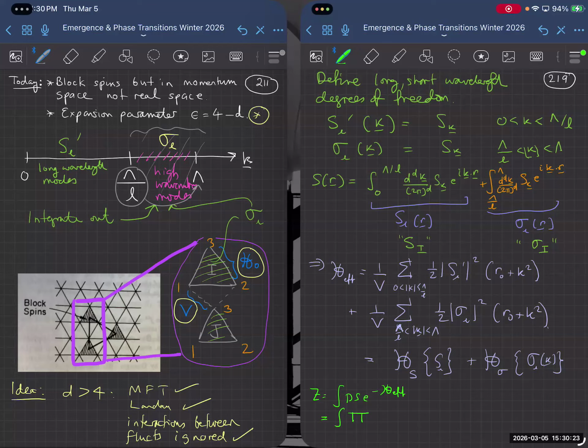So this is the product over 0 less than k less than lambda over L of dS_L of k, and then the product over lambda over L less than k less than lambda of d sigma_L of k, and then e to the minus H_S minus H_sigma.